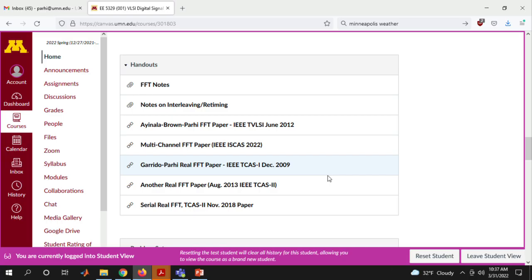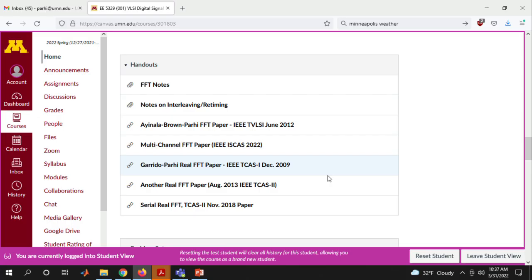So intuitively, as you saw from Nanda's clear presentation, one complex butterfly is really two real butterflies. And so in a way, if the signal is real, I should be able to reduce the number of butterflies by a factor of 2 intuitively.